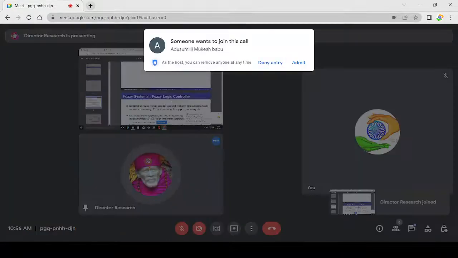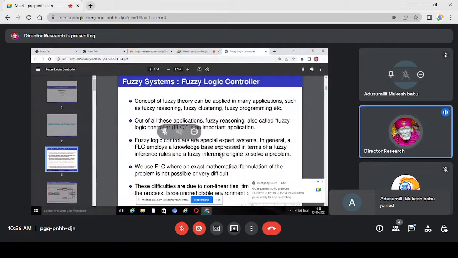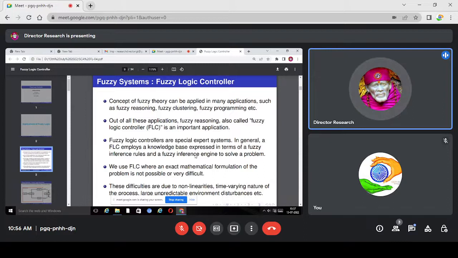Applications of fuzzy logic. Concepts of fuzzy theory can be applied in many applications, such as fuzzy reasoning, fuzzy clustering, fuzzy programming, etc. Out of all these applications, fuzzy reasoning, also called fuzzy logic controller, is an important application. Fuzzy logic controllers are special expert systems. In general, fuzzy logic control employs a knowledge base expressed in terms of fuzzy inference rules and a fuzzy inference engine to solve the problem.